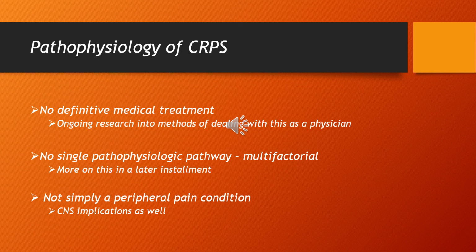Only in the past few years has it been recognized that CRPS is not simply a sympathetically mediated peripheral pain condition, but rather it is a disease of the central nervous system as well. Today I'll touch on the most understood pathways of the pathophysiologic mechanism of CRPS. And later in this series, I'll summarize the current findings regarding additional CRPS mechanisms that are most widely accepted and documented in the literature.